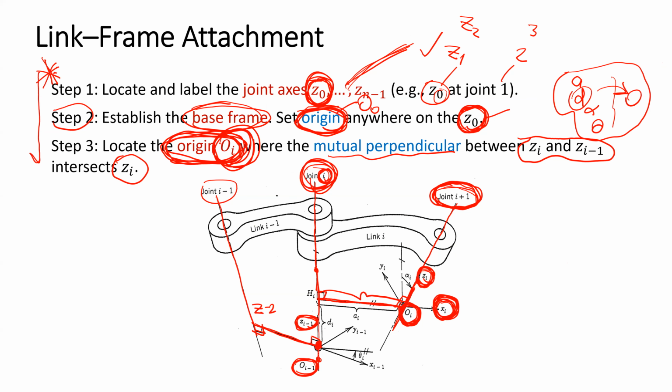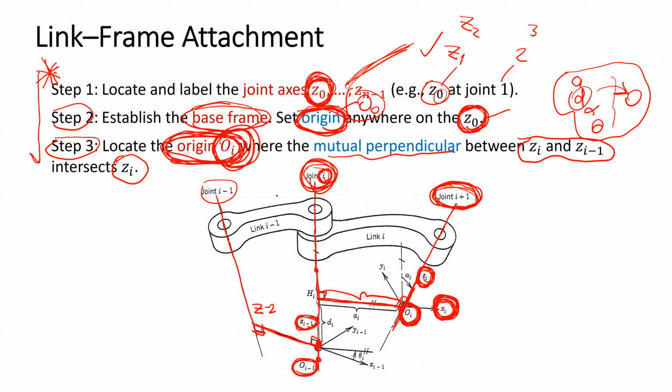How about step 3? Step 3 is to put the origins of the other frames. We already put the Z axes on the frames, and we already found O0.